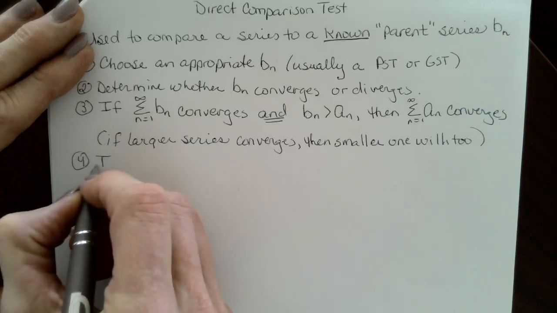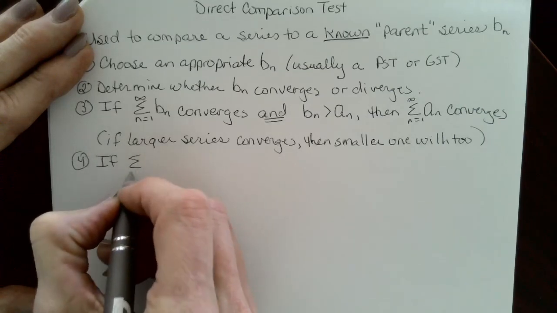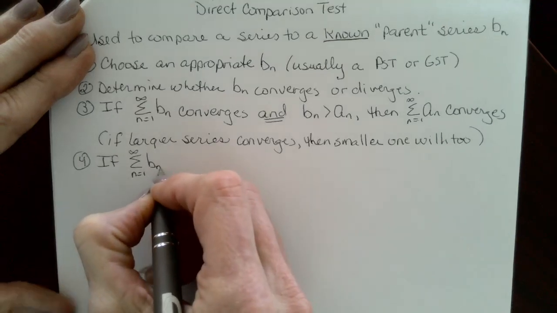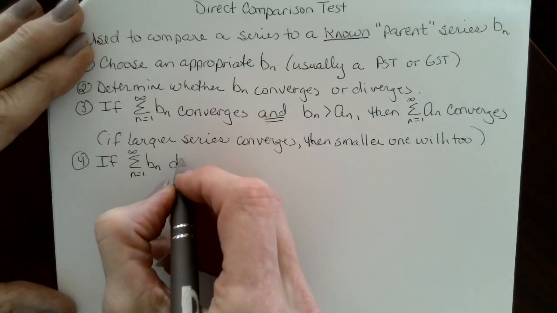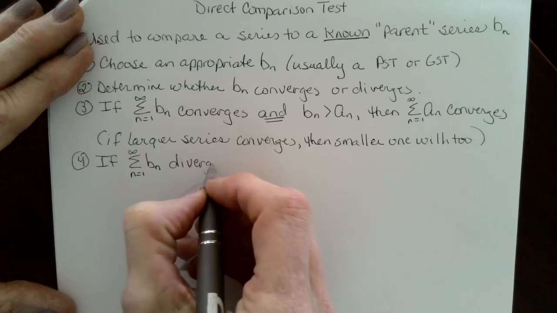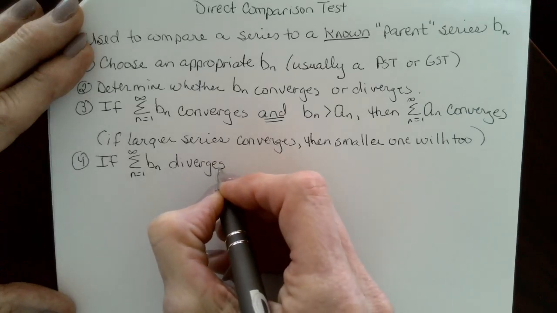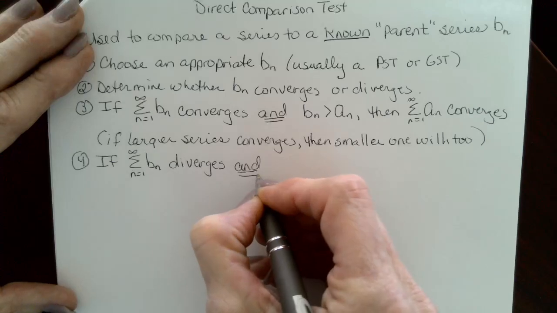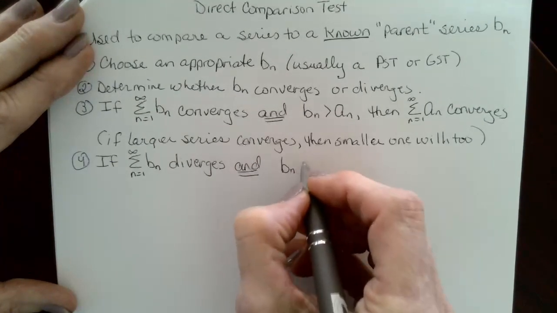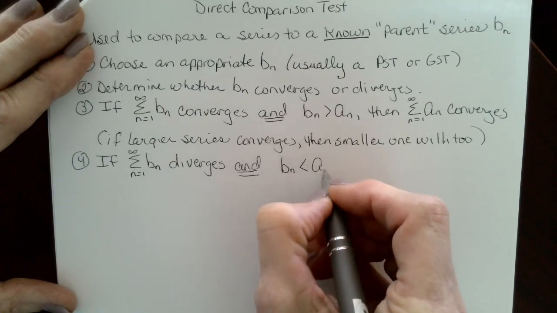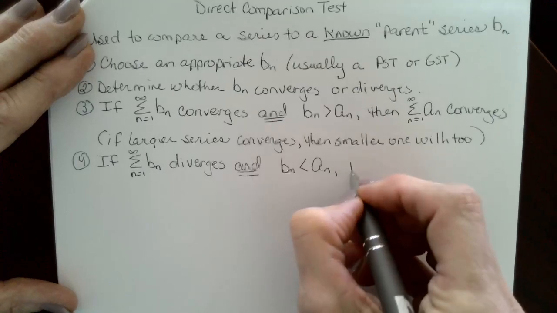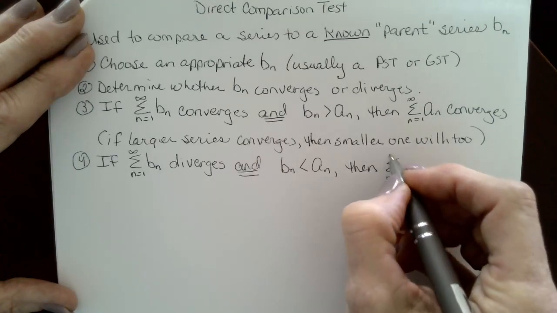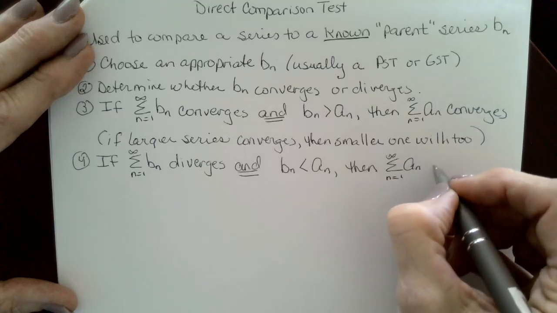If your series with B sub n diverges, bless you, and B sub n is smaller than A sub n, then your given series with A sub n diverges.